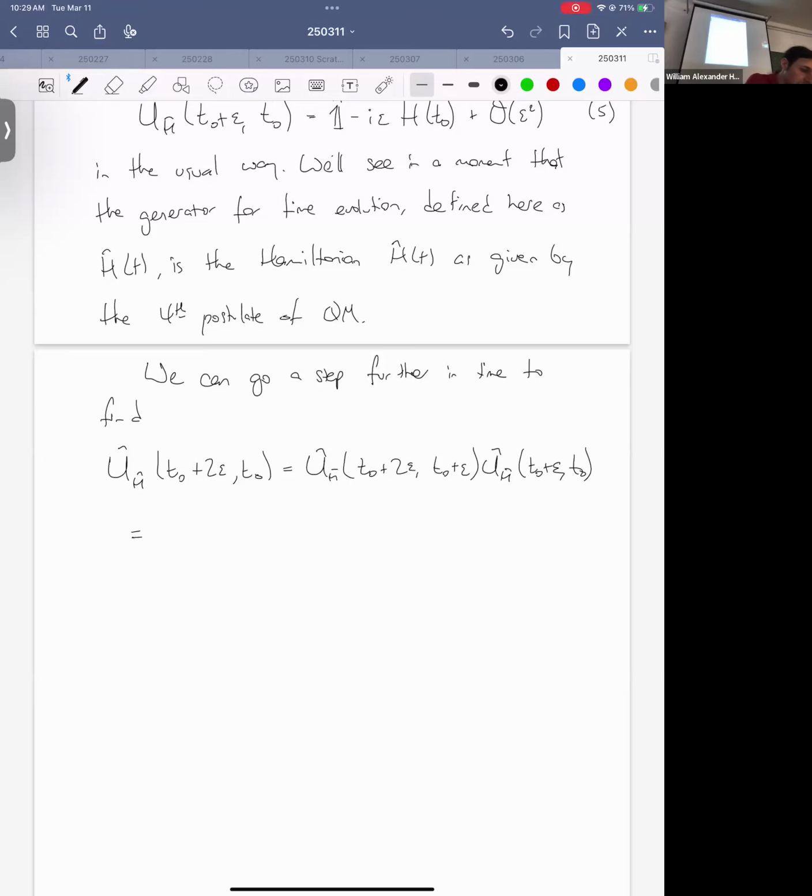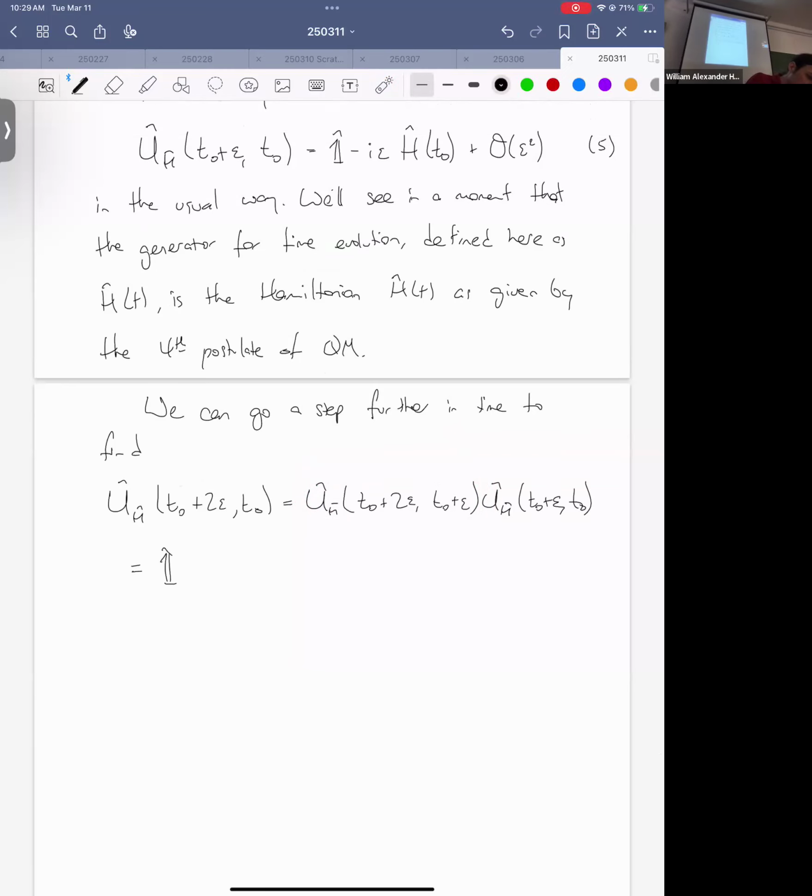So this second time evolution operator, from equation 5, tells us this is 1 minus i epsilon H of t0 plus epsilon. And then expanding the first time evolution operator, it's the same as what we had from equation 5, 1 minus i epsilon H of t0, all plus order epsilon squared.